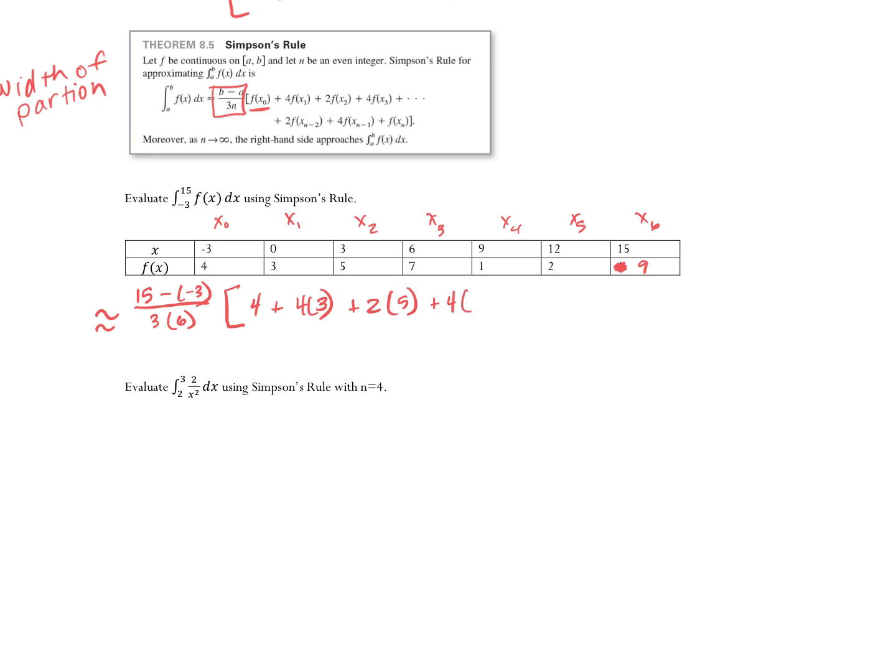What is f of x3? 7. And then 2 times f of x4, which is 1. And then 4 times f of x5, which is 2. And my last point, I don't multiply by anything because it's only being added in once. 9.